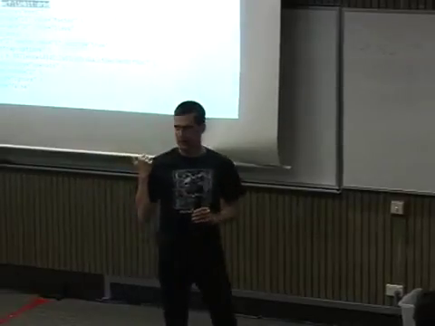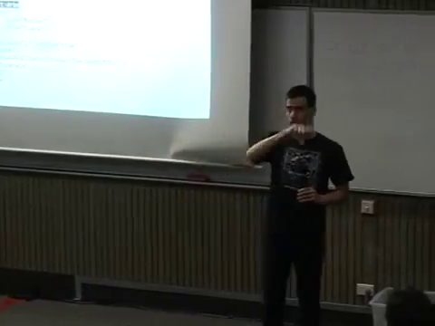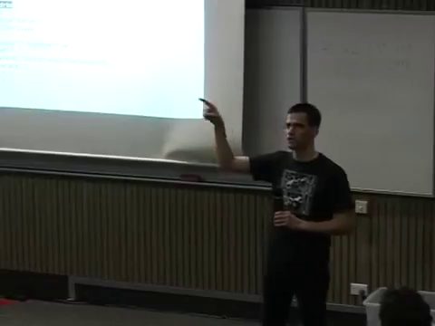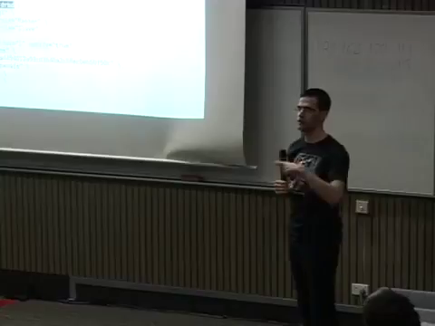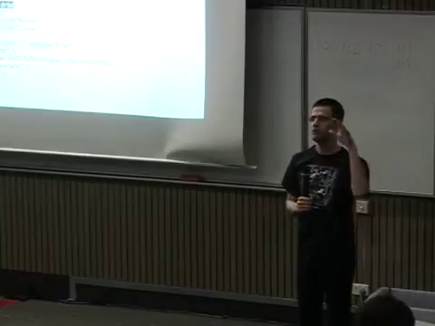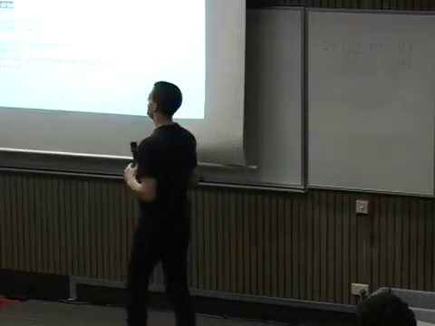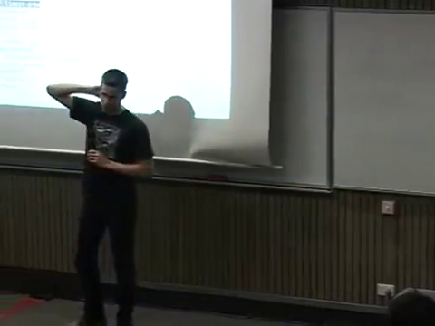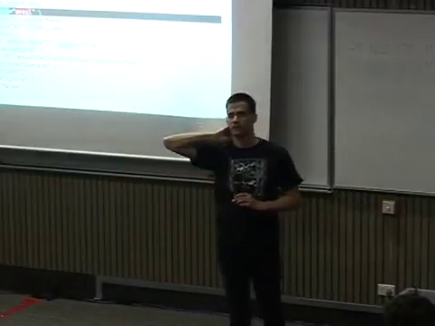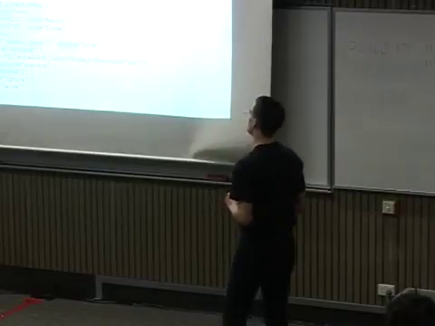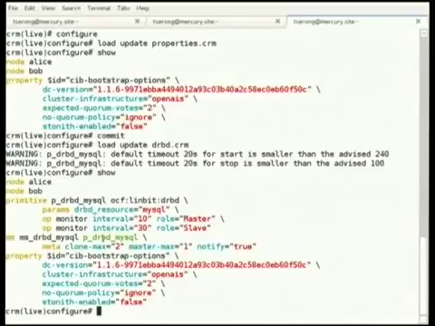In case you're wondering about this provider thing, that basically maps to a hierarchy in /usr/lib/ocf/resource.d, and then we have one directory per provider, which is a nice way for third parties to just package and ship Pacemaker integration resource agents. We need to name the DRBD resource, which is mysql in our case, and we also let it monitor this resource in specified intervals. And we then wrap this primitive into one master-slave set.